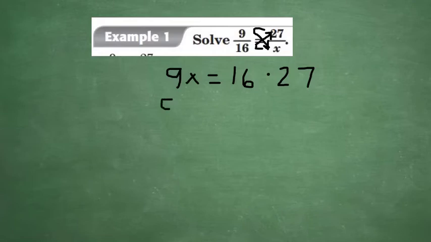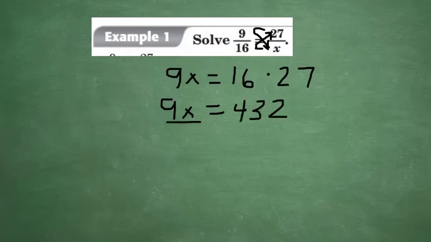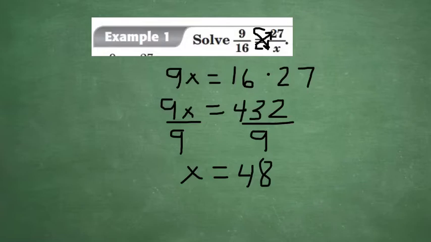So 9x stays the same. Let's go and multiply 16 times 27, it's 432. And then obviously our last step, go ahead and divide by 9. So x has a value of 48.